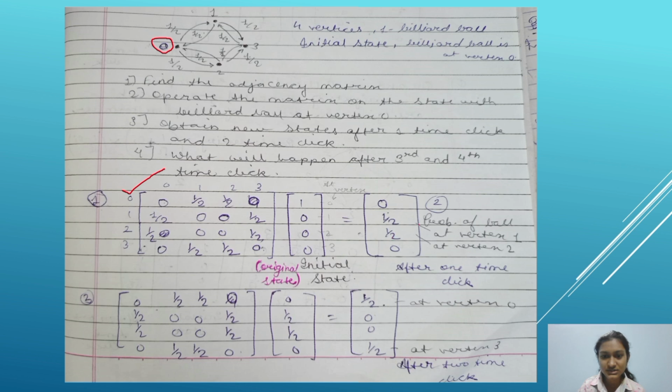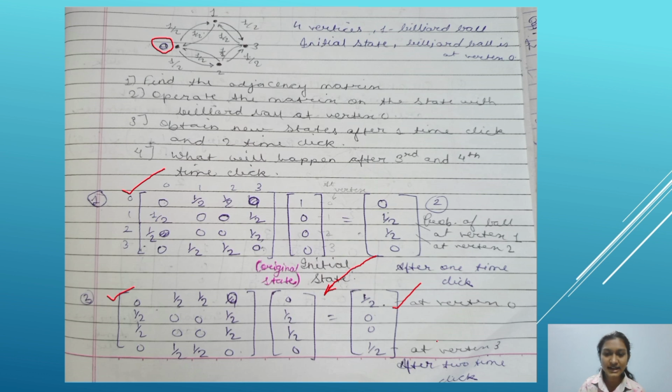So this is the matrix we got after 1 time click, and in 2 time click we take the same adjacency matrix and multiply it with the output we got from the first time click. So this output is the output of 2 time click.